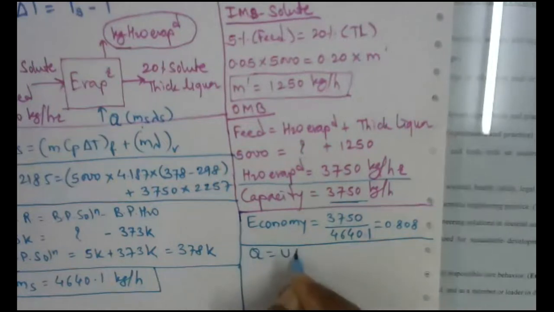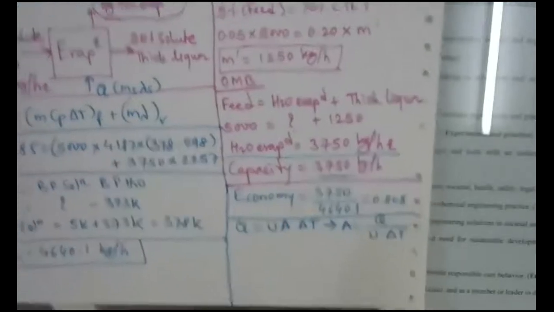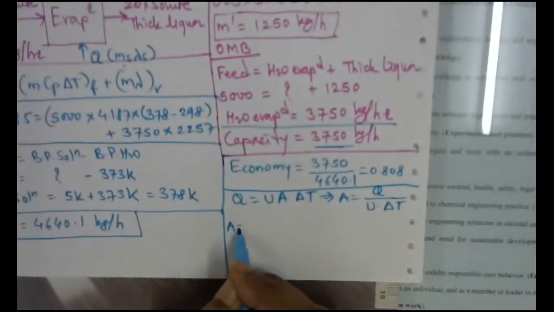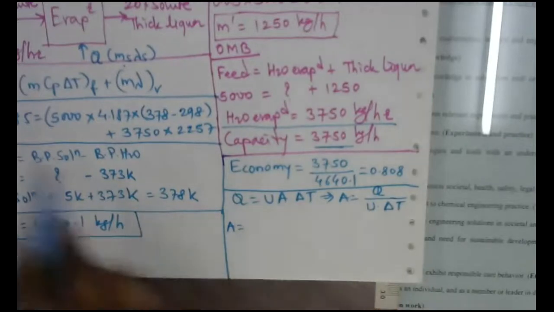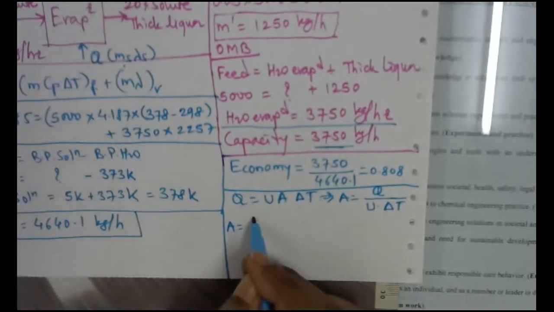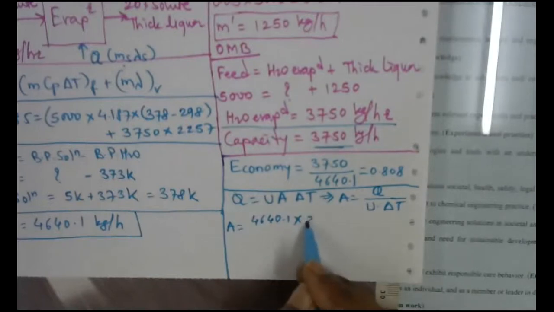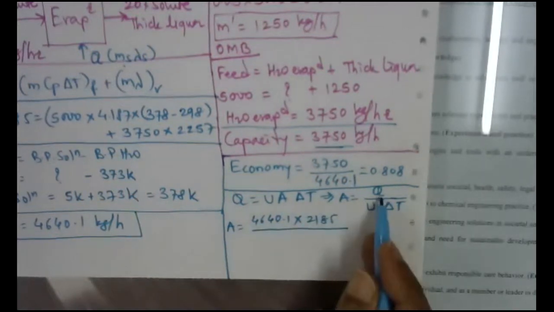From this, A equal to Q upon U delta T. Q is nothing but Ms lambda S. We have calculated the value of Ms, that is 4640, and the lambda S value is 2185. So 4640.1 into the lambda S value of 2185 is the value of Q.